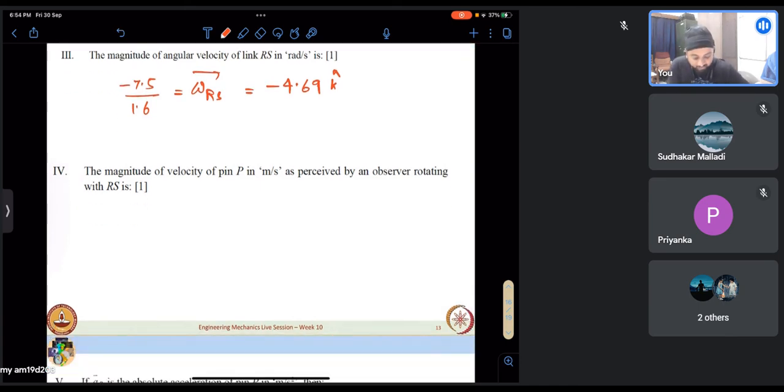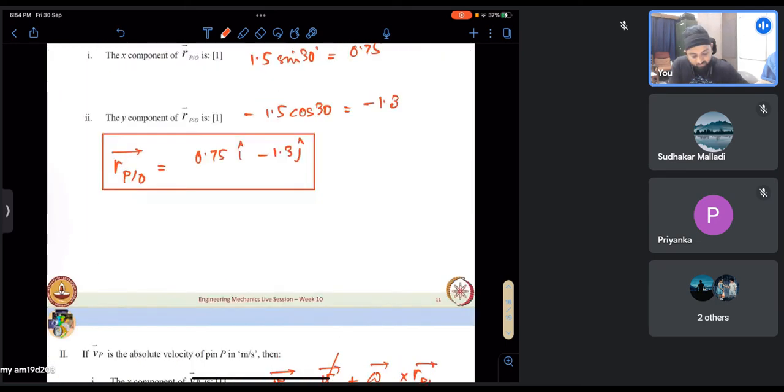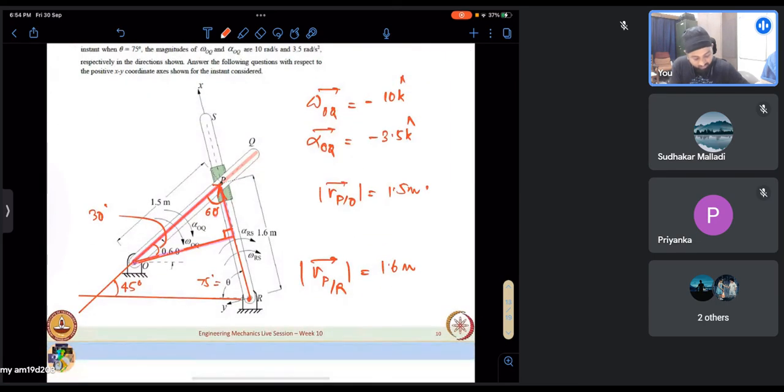So the magnitude of velocity of pin P as perceived by an observer rotating with RS. Okay, so this is the origin, and a person who is rotating with RS, what would be the component of velocity that he will see? We already saw this in coincident points. It will be along the slot. Actually, this is just the slotted member problem posed in a different manner.